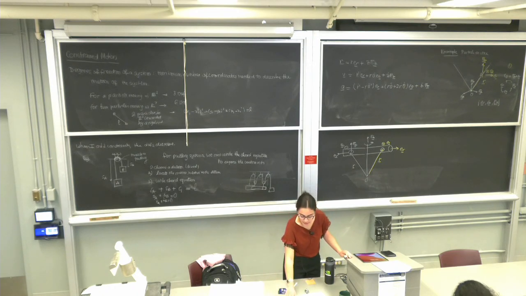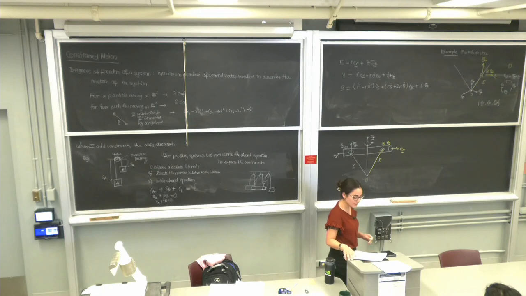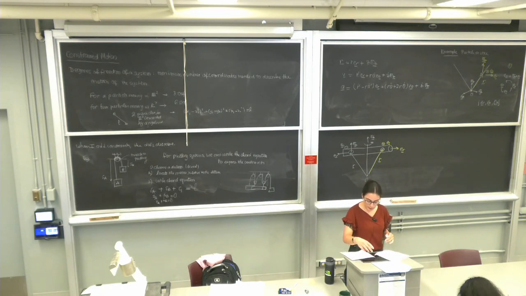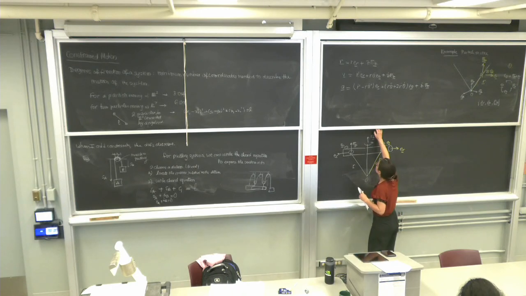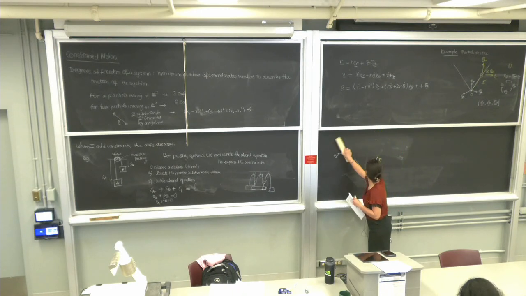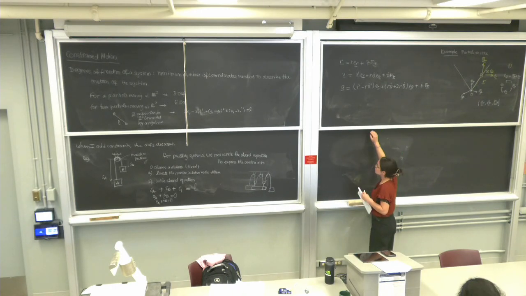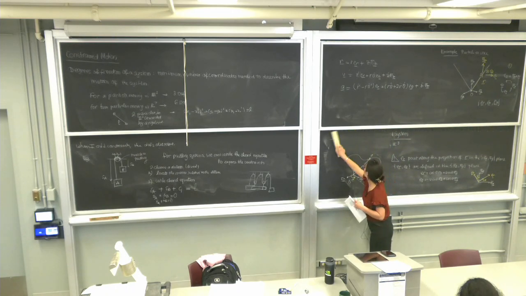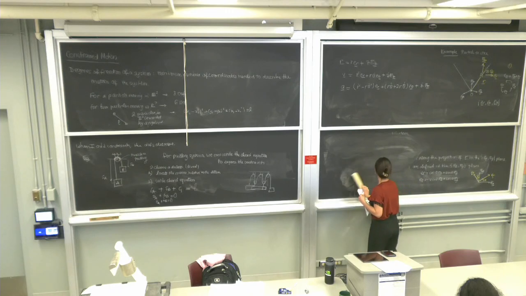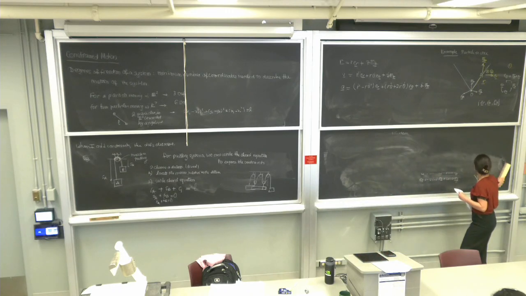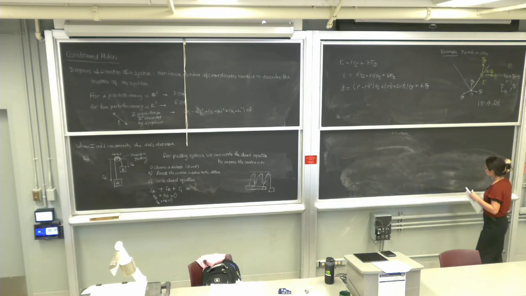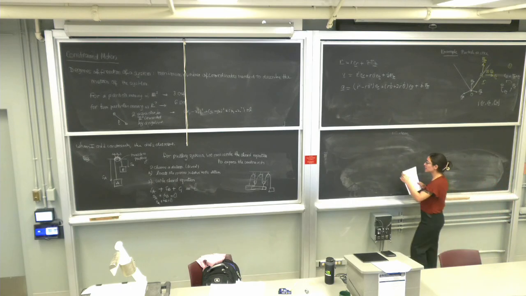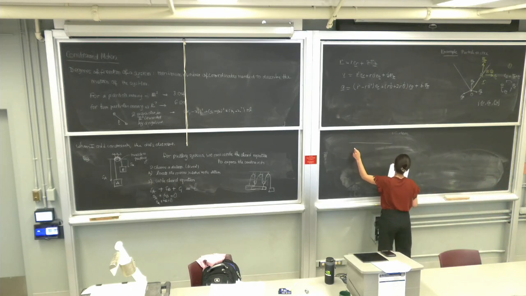Please pull up set 6. I also have a few copies of that here. Set 6, problem 2. So set 6, problem 2 is a pulley system, and let us write the chord equation for that system.